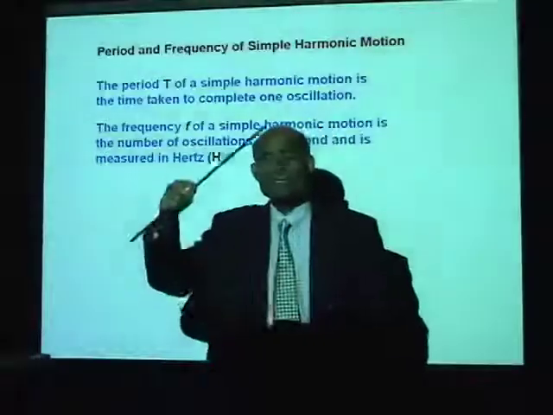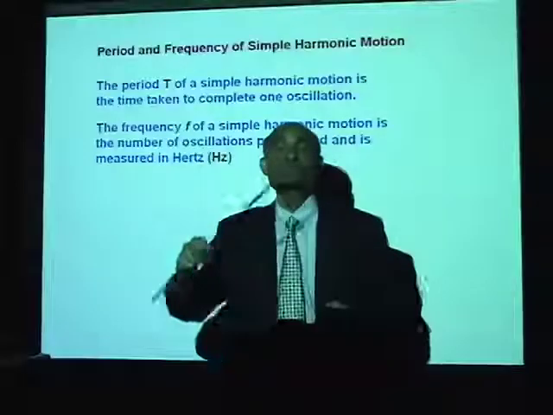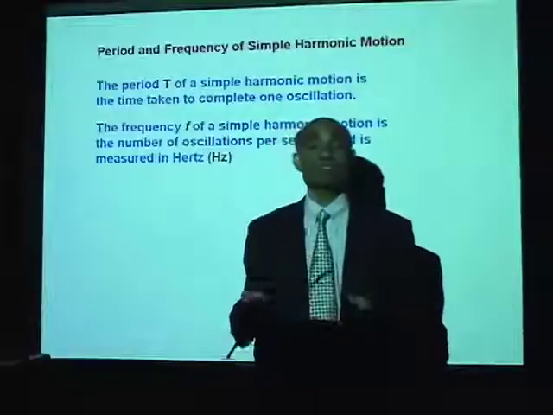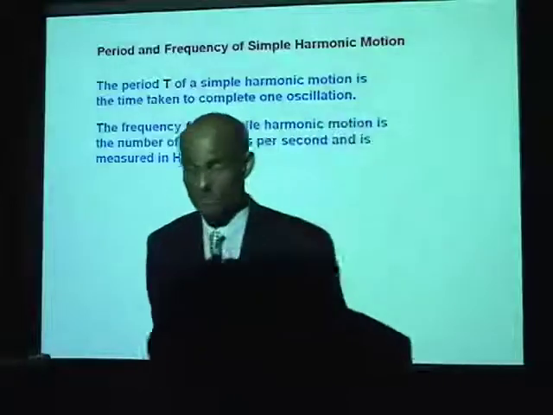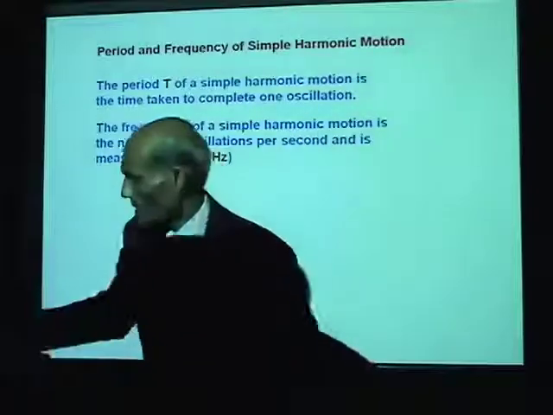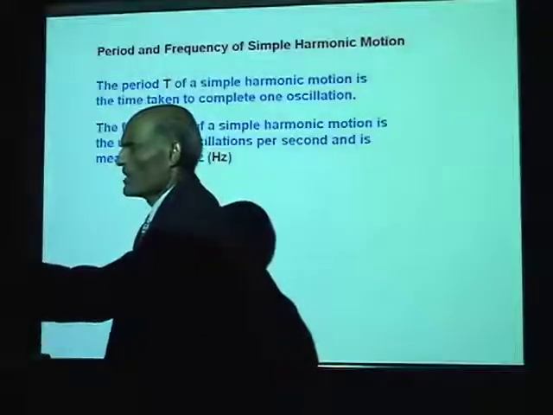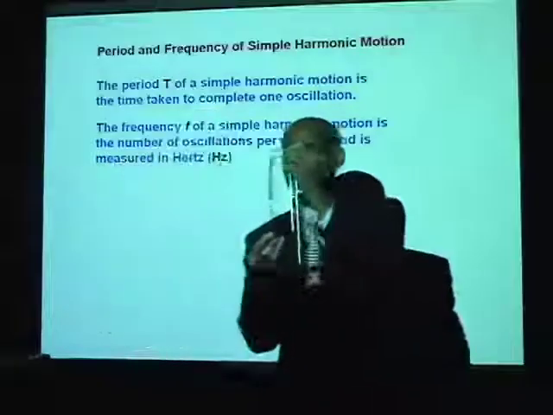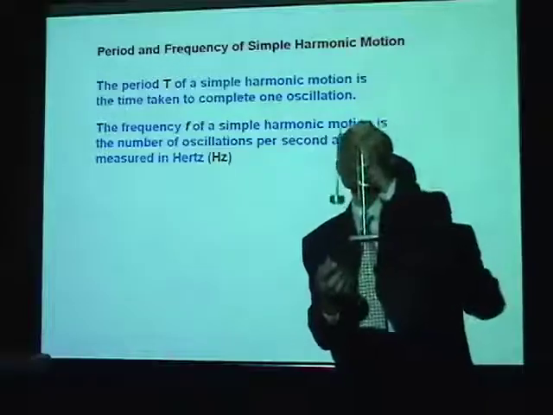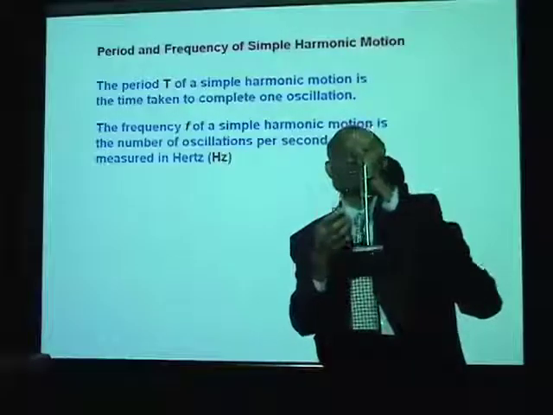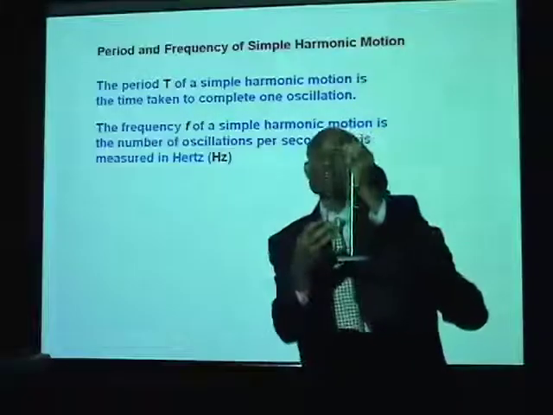Period is the time taken for one complete oscillation. Frequency is the number of oscillations per second. For example, suppose this object does 3 oscillations in 1 second.